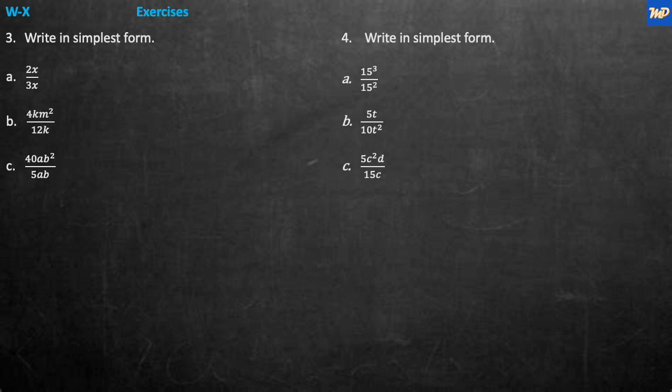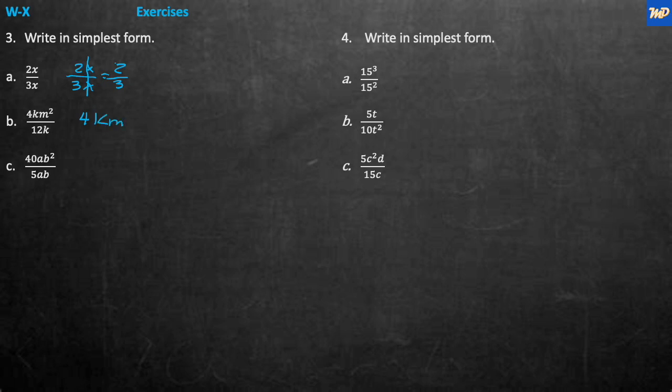What can we factor out of this? I'll write it again. 2x over 3x. The only thing that we can certainly cancel out is the x's, and that leaves us with 2/3. And 2 and 3 are both prime numbers, so that cannot be reduced any further. So simplest form.